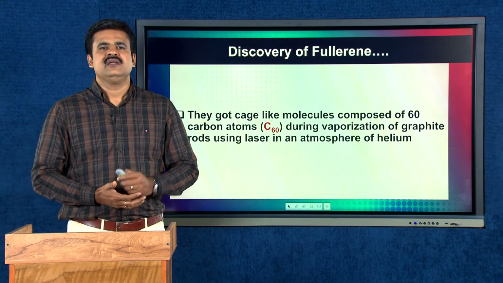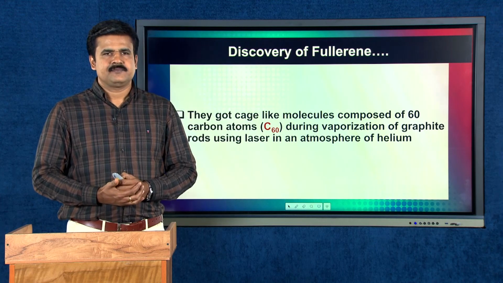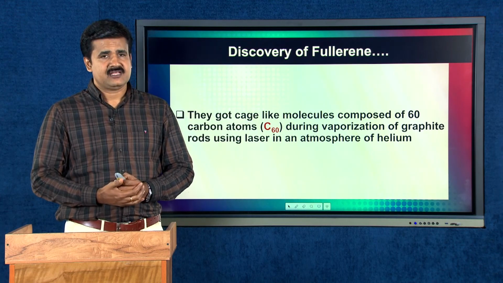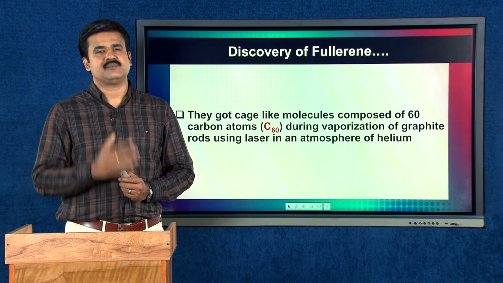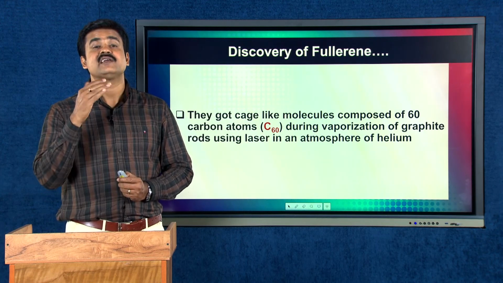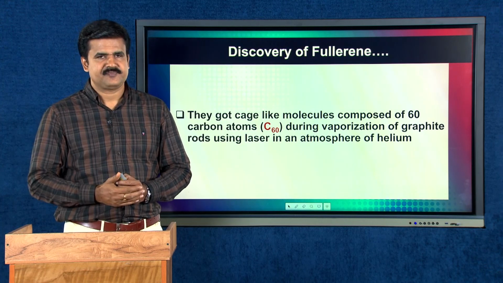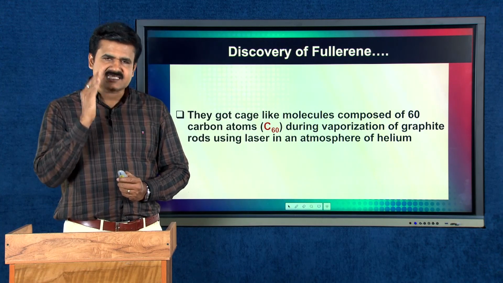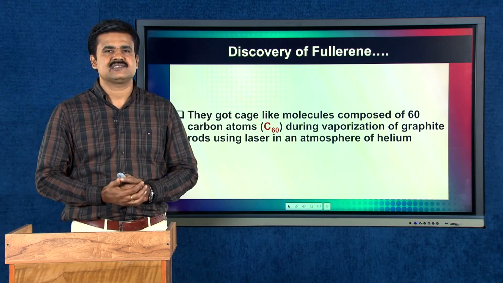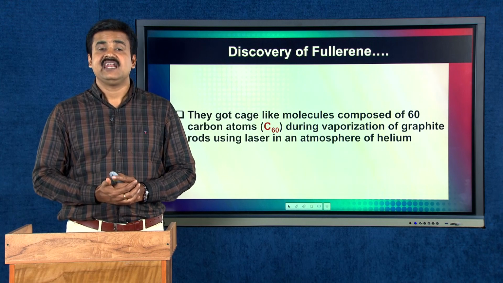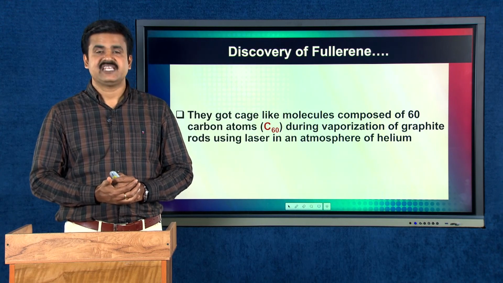Now, these scientists, during their discovery, got a cage-like molecule composed of 60 carbon atoms. That is, they got C60. And C60 is obtained during the vaporization of graphite rods by using a laser in an atmosphere of helium.